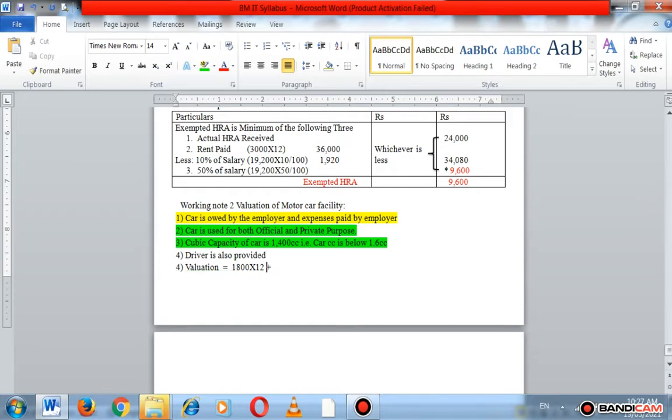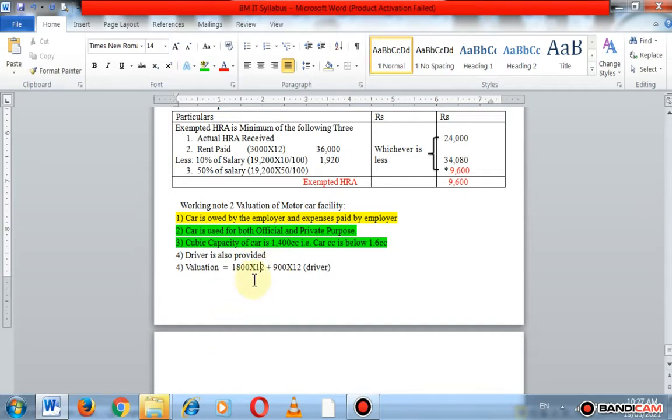So 1800 for the car plus 900 per month for the driver.